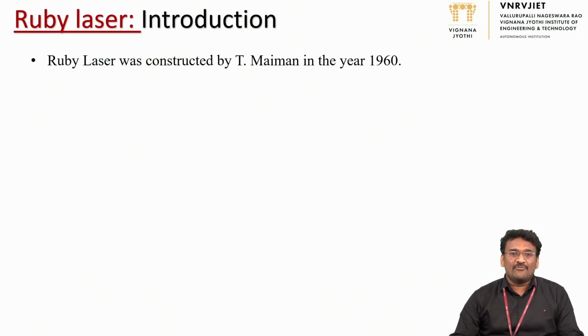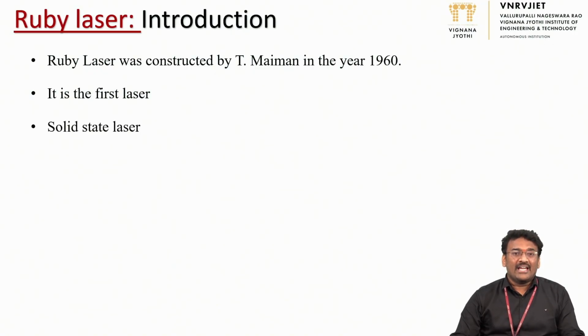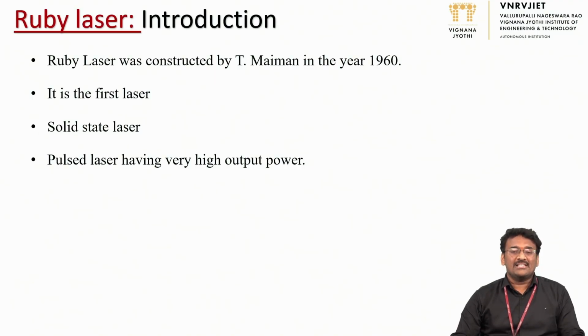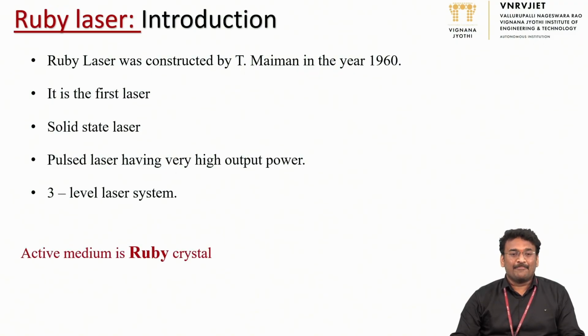Ruby is the first and foremost laser, and it was constructed by Maiman in the year 1960. As I said, it is the first laser and an example of a solid state laser, and it is a pulsed laser having very high output power. Pulsed is nothing but the output is not continuous, it is discontinuous, and it is a 3-level laser system.